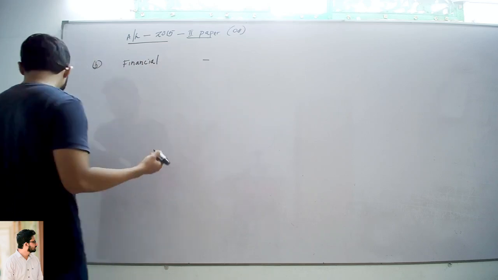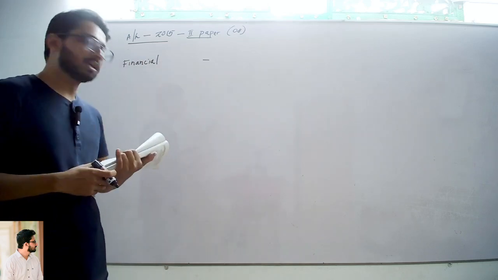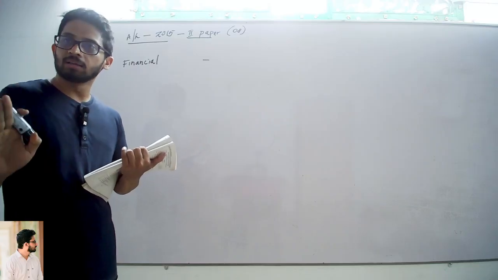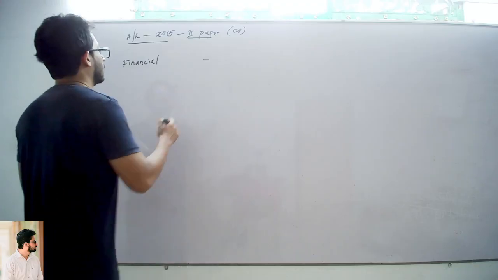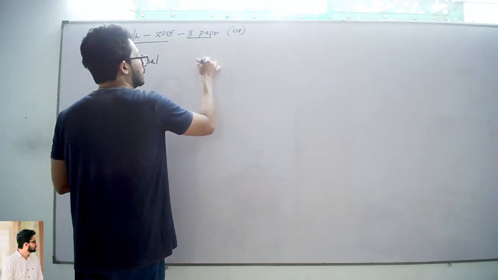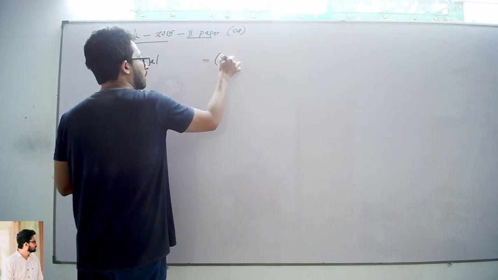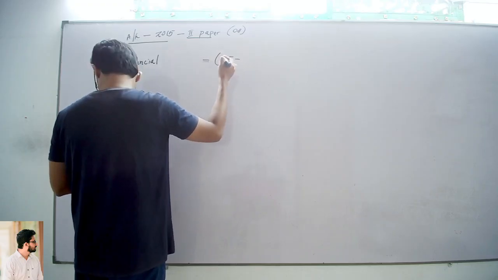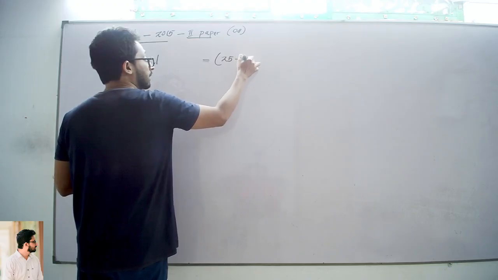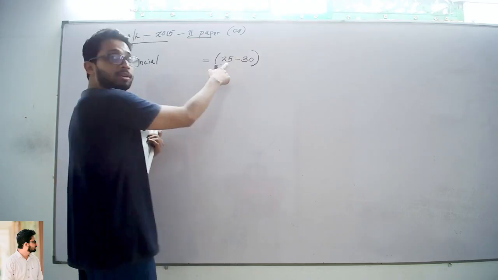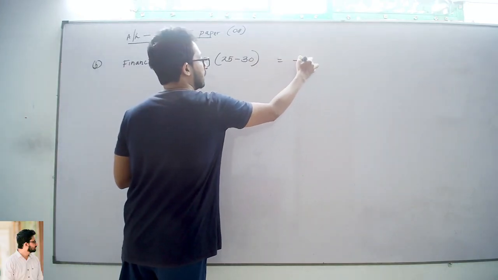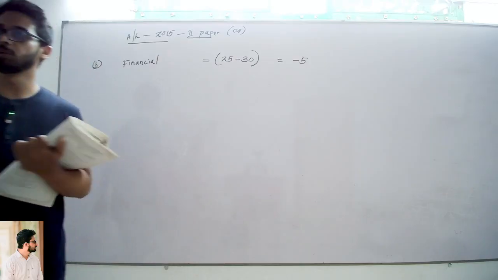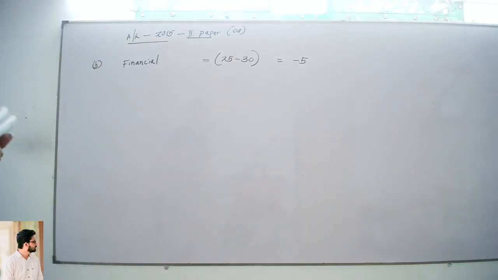Financial services, receipt 25, minus payments 30. Credit means receipt. 25 is the receipt, 30 is the payment, then net value should be minus 5.